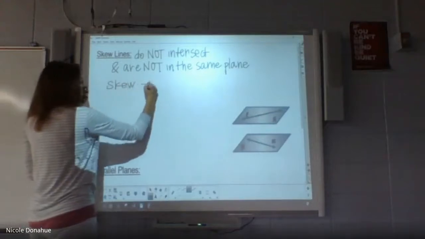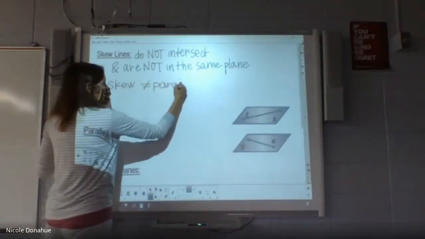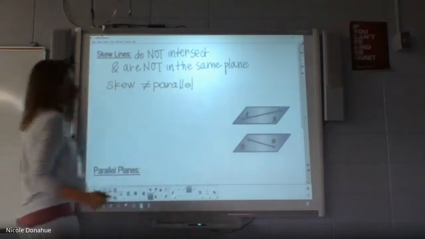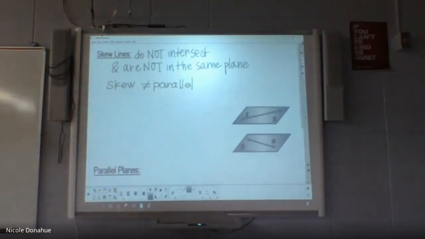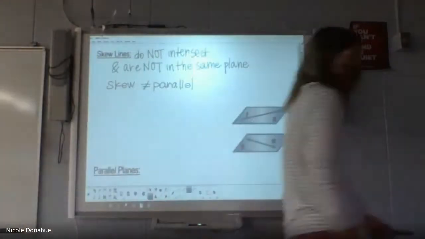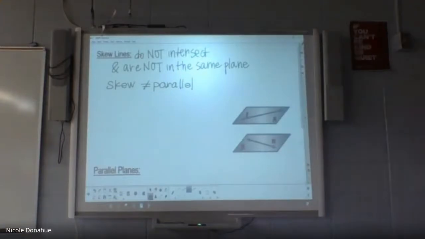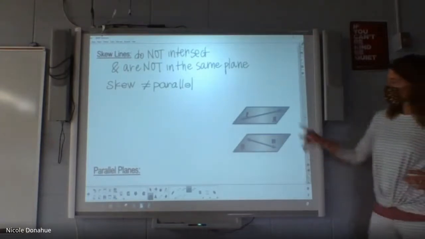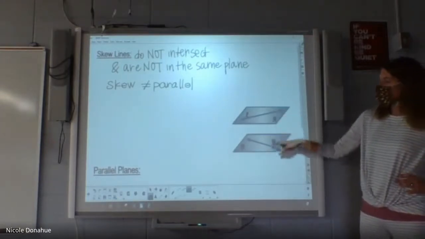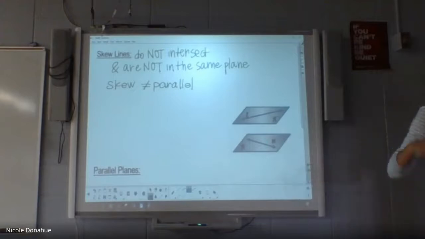Skew is not equal to parallel. Now, the lines that are drawn here, like L and M, are meant to be skew. So they're on two different planes. They're not parallel to one another, kind of go in different directions.